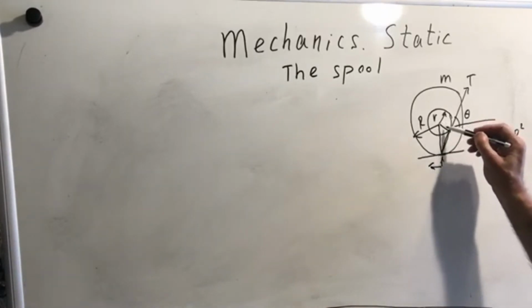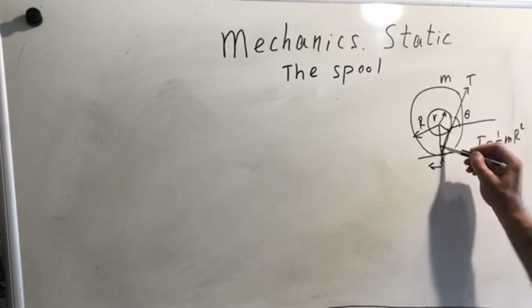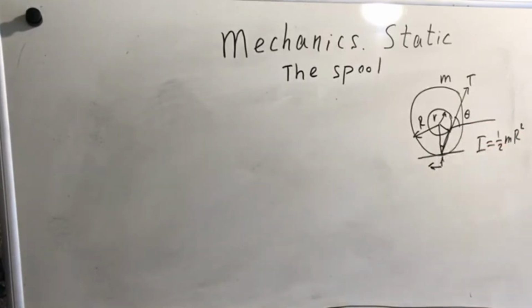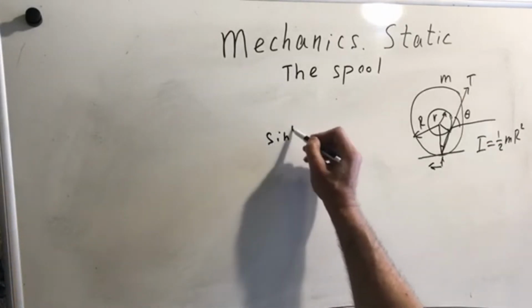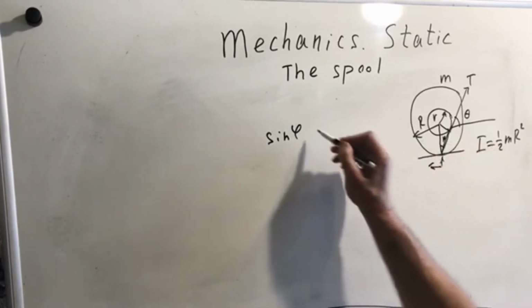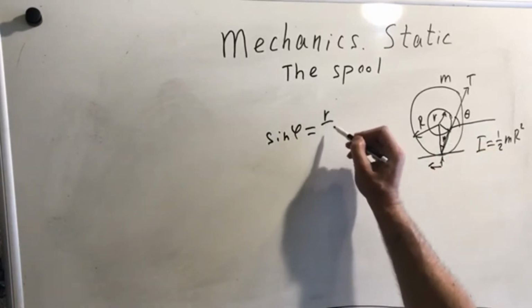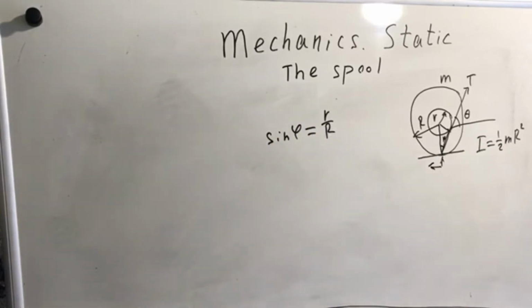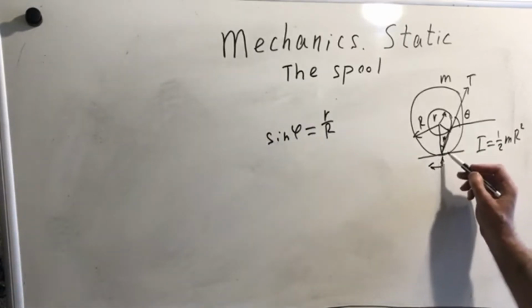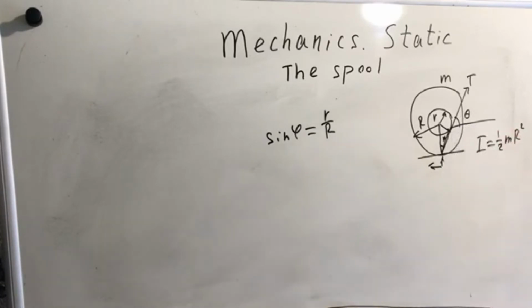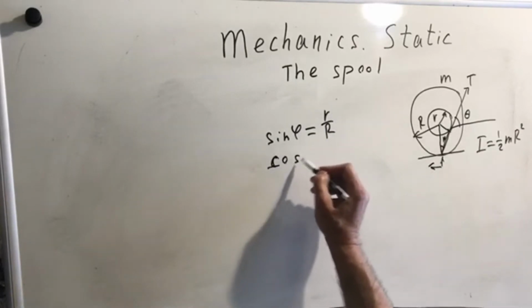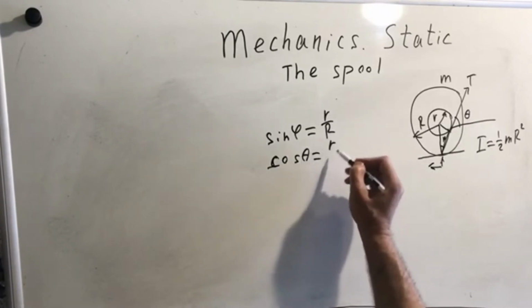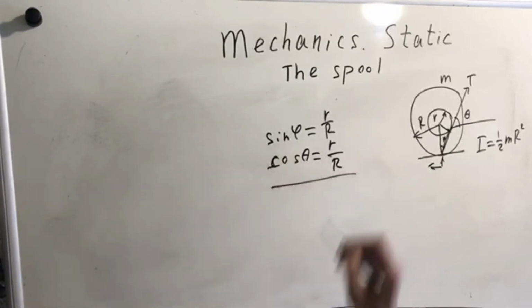So if this is small r, this is big R, we have the sine of this angle, angle phi, equal to r over big R, and this is the same as the cosine of this angle, because together they create angle pi over 2. So it means that cosine theta equals r over R. So this is our solution.